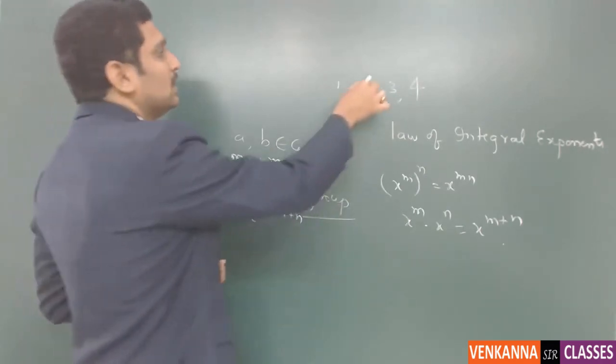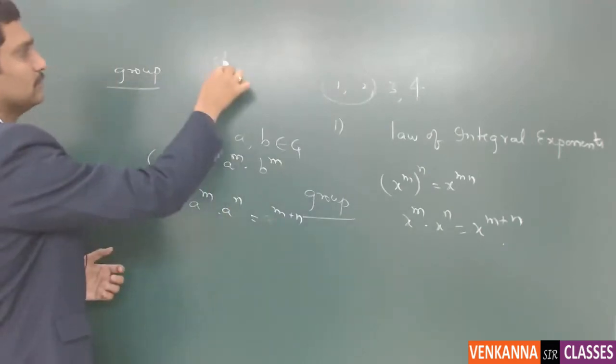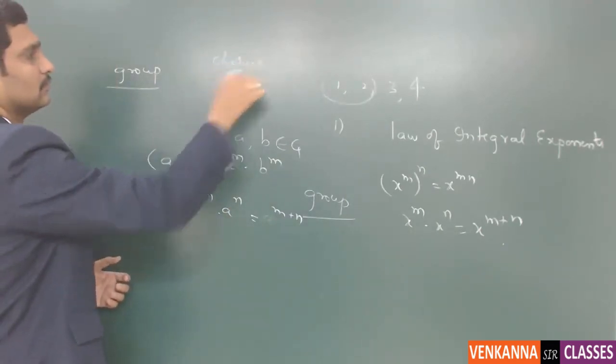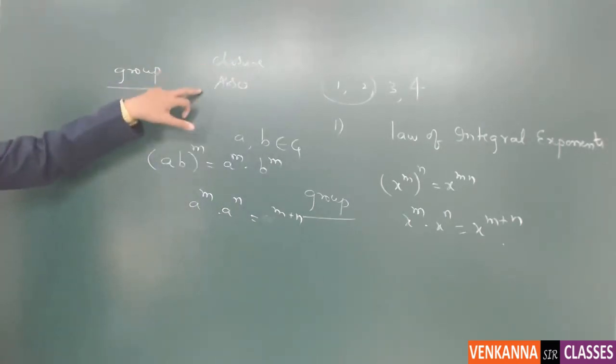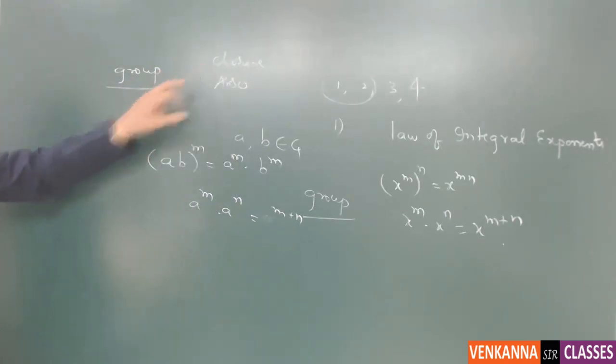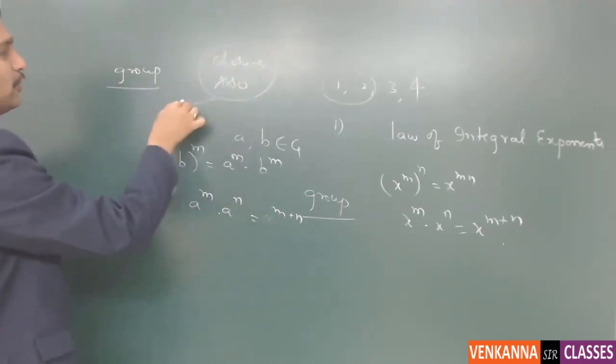If the first two properties, closure and associative, are satisfied, that type of set we call a semi-group.